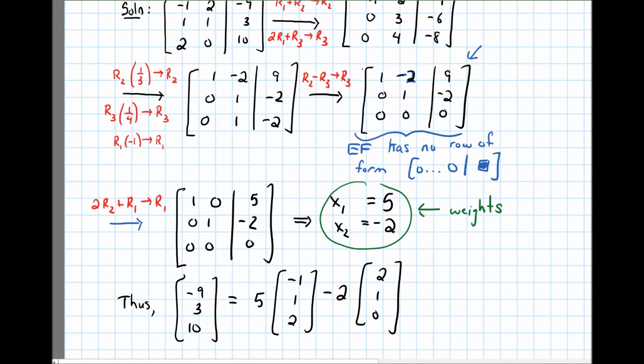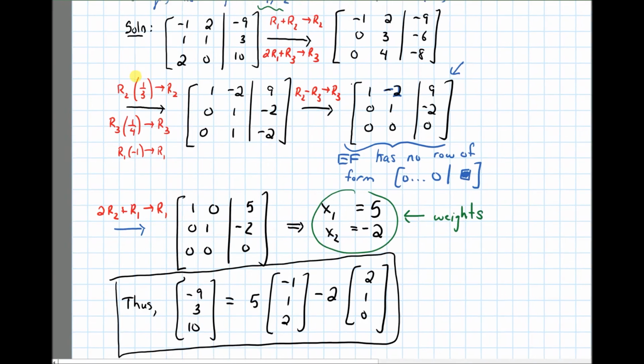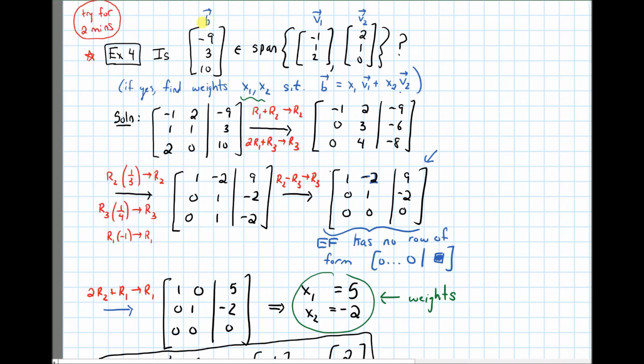That's how I can write my vector b as a linear combination of those other vectors I was given. Let's box that whole thing. That's another reason why this method for checking if a given vector like b can be written as a linear combination of my other vectors is super nice, because not only does it tell me if it's possible or not, but it also tells me what those weights are going to be.